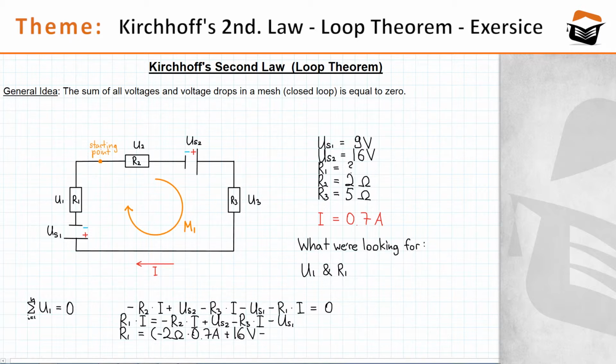R3 is 5 ohm, times 0.7 amps, minus US1, which is 9 volts. And I'm gonna divide this whole term by the current, which is 0.7 amps.